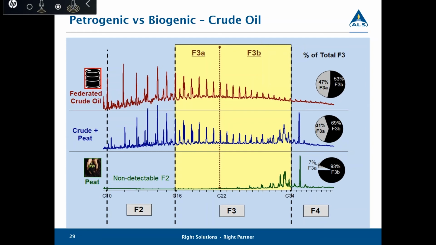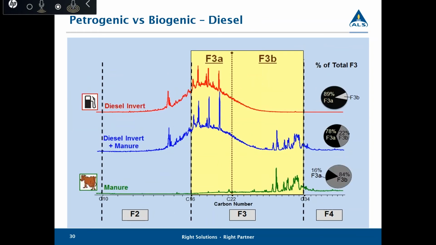When we look at the diesel samples, a very similar conclusion was drawn, and that subfraction F3 dominated in diesel waste. F4 was only detectable in petroleum hydrocarbon sources, but the biogenic organic carbons were causing slightly contaminated soils to exceed the Tier 1 guidelines for F3 hydrocarbons. And that's the F3 fraction, which is showing in the diesel with manure mixture and manure.